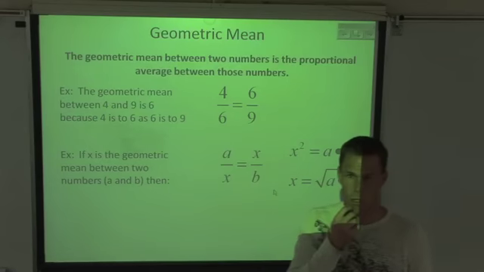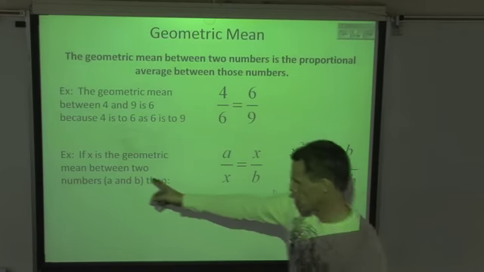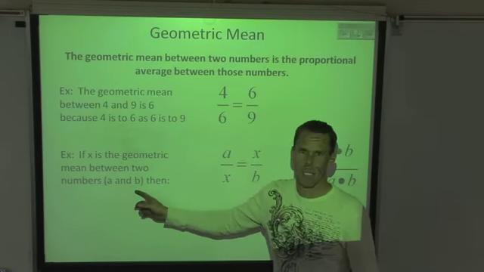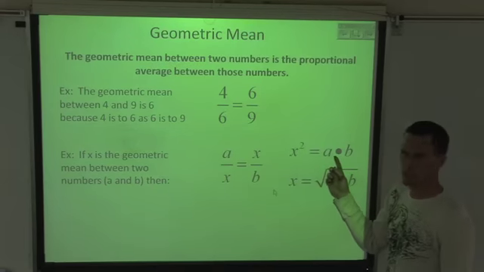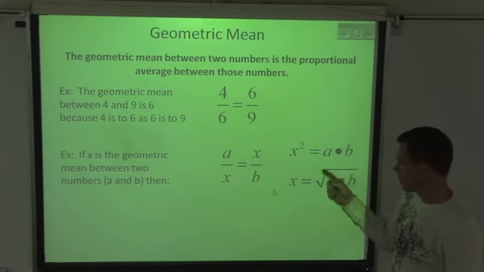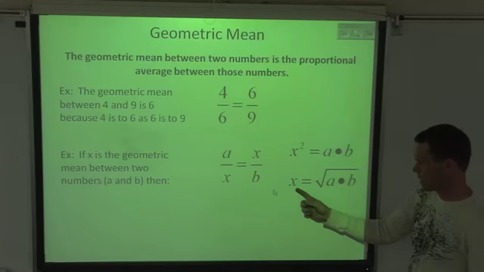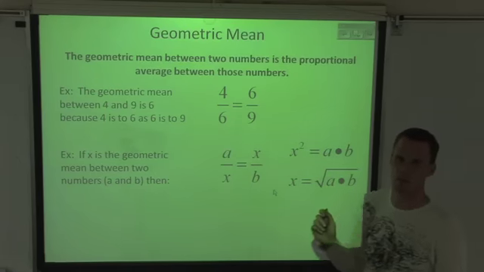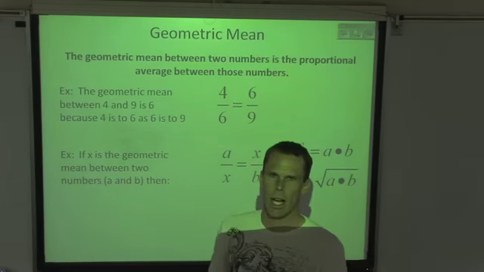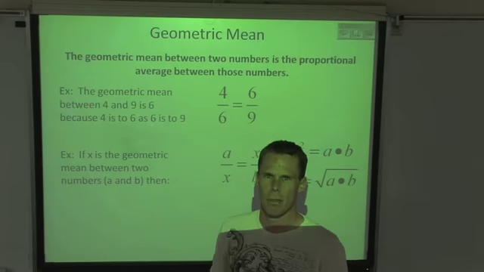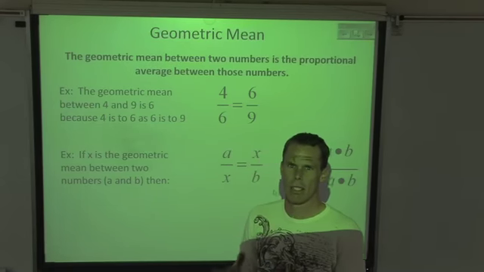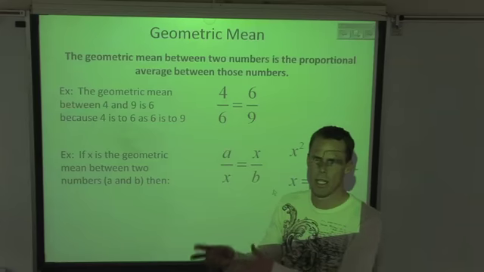Some students take this shortcut. If I want the geometric mean between a and b, they just put x squared equals a times b. Take the square root of both sides, x is the square root of a times b. And in this case, we do not use a plus or minus because for geometric mean, we only want the positive value that is in between the two.